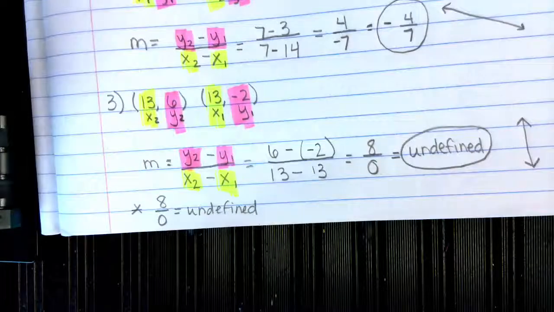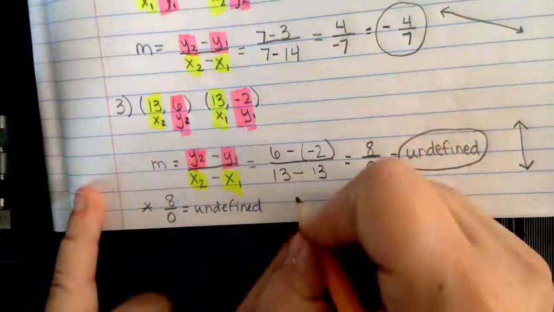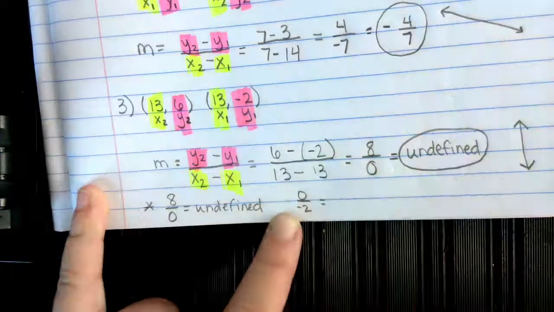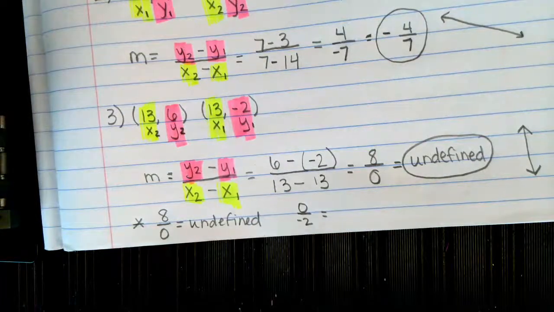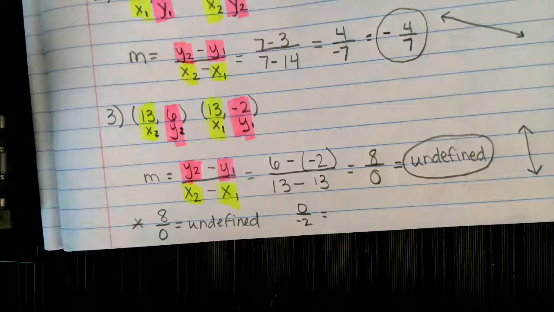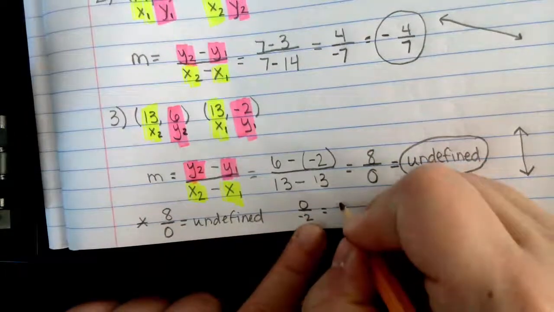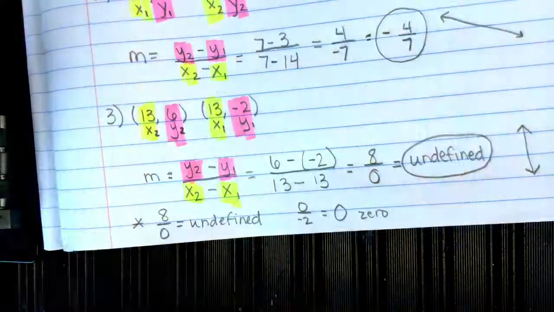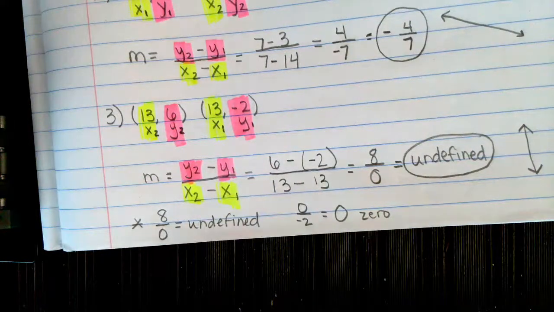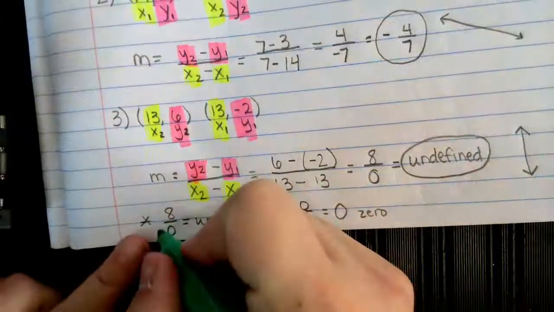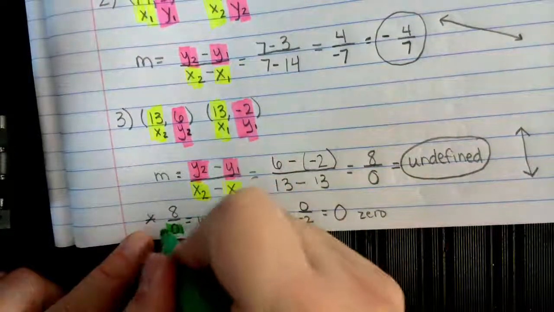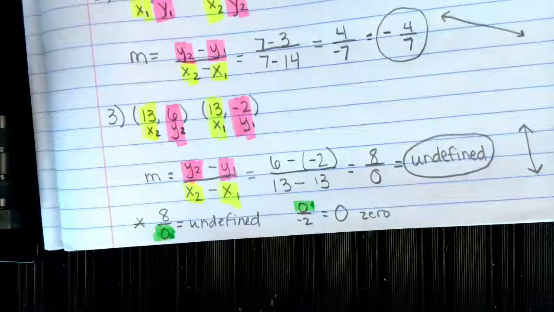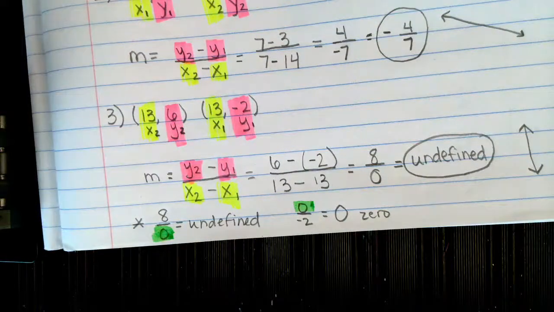If it's on top, like 0 over negative 2, can we do 0 divided by negative 2? Yep, 0 divided by negative 2 is 0. I'm going to highlight where those zeros are with a green highlighter. When 0's on the bottom, it's undefined, but when 0's on top, it's 0. That's the difference between those two: where the 0 is placed.